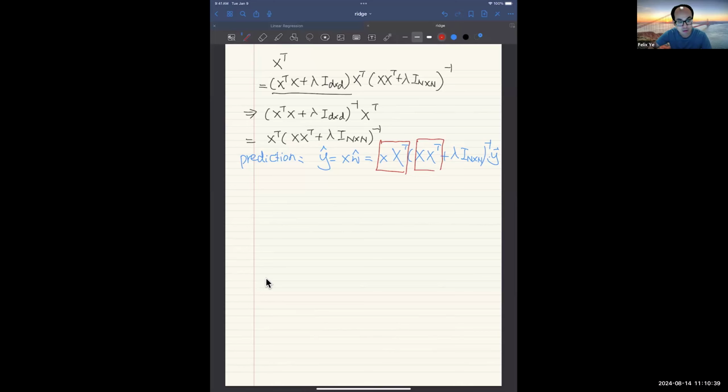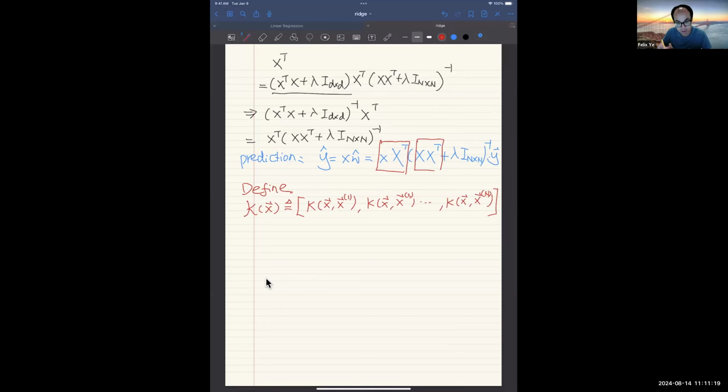So we define the vector kx, which is a vector of k(x, x1), k(x, x2), up to k(x, xn).